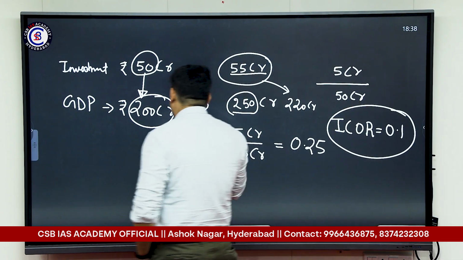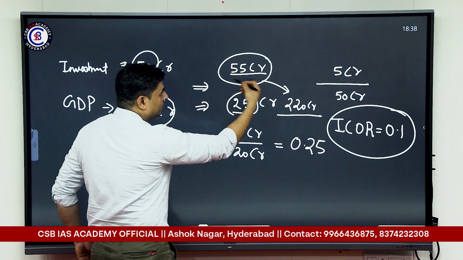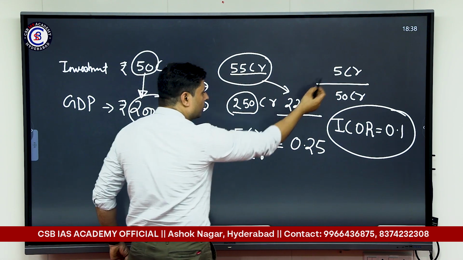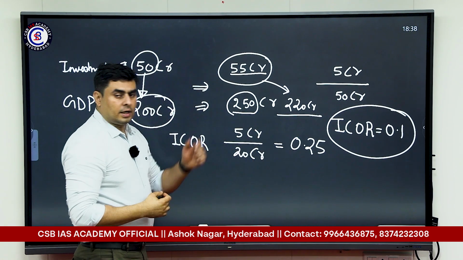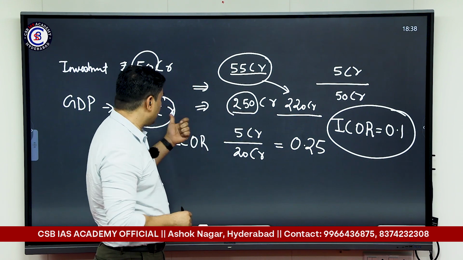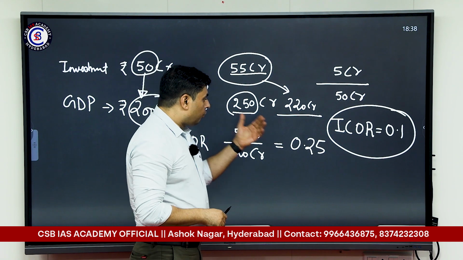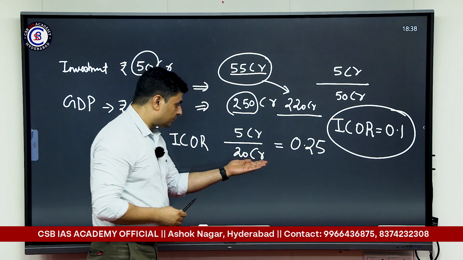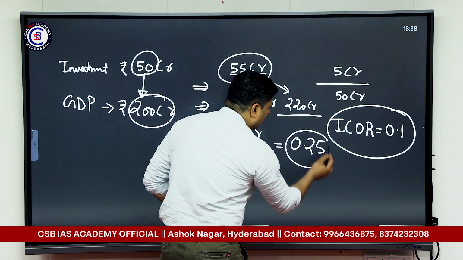But when we have a lower GDP growth in comparison to the same investment of 5 crore, and the GDP grew by only 20 crore, whereas earlier the GDP addition was 50 crore, the value of ICOR increased.